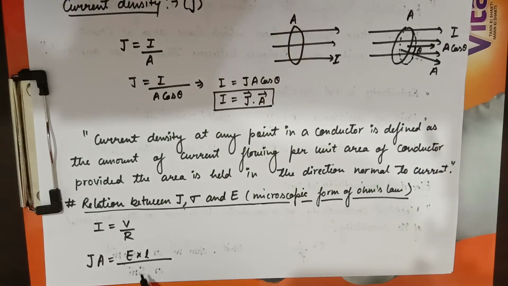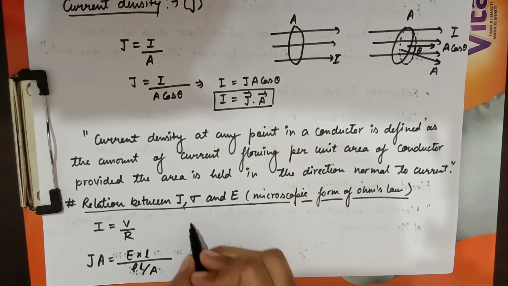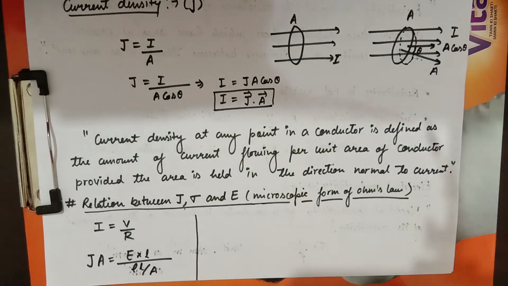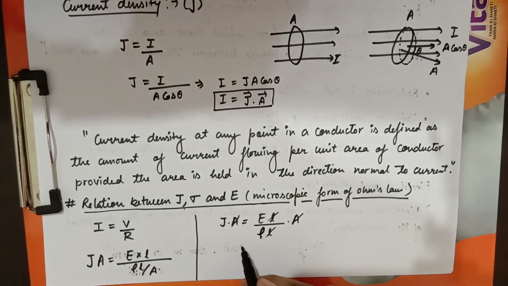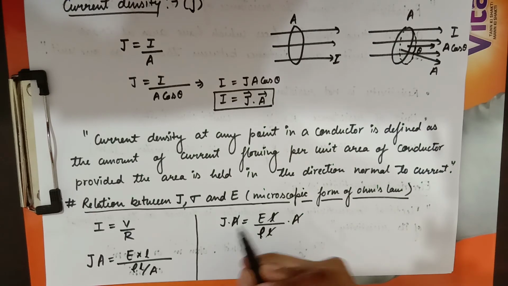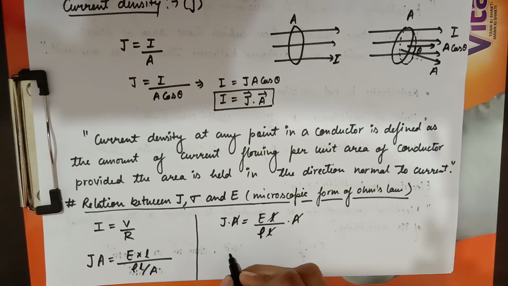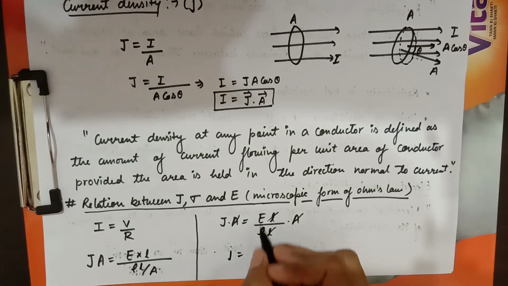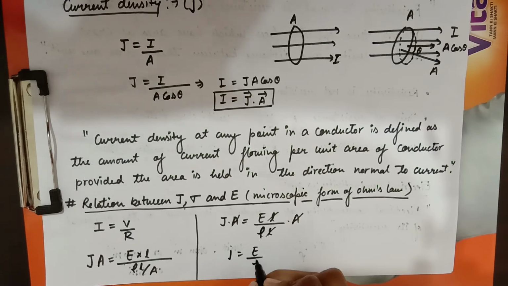As R is equal to rho L upon A, I write it here, rho L divided by A. After rearranging this, L and L cancel out, A and A cancel out. So J is equal to E divided by rho. This is current density, this is resistivity or specific resistance, and E is electric field.